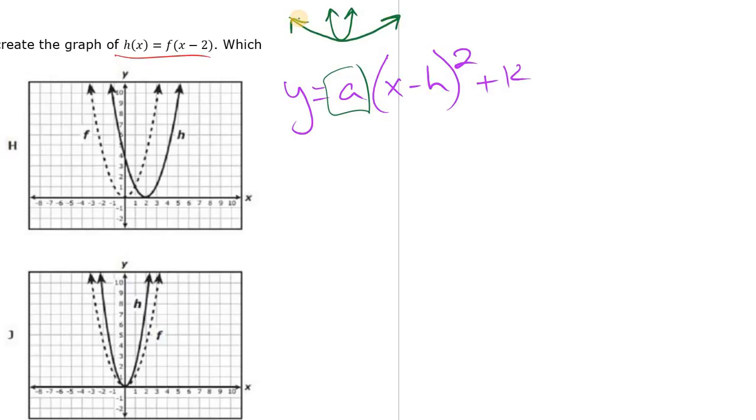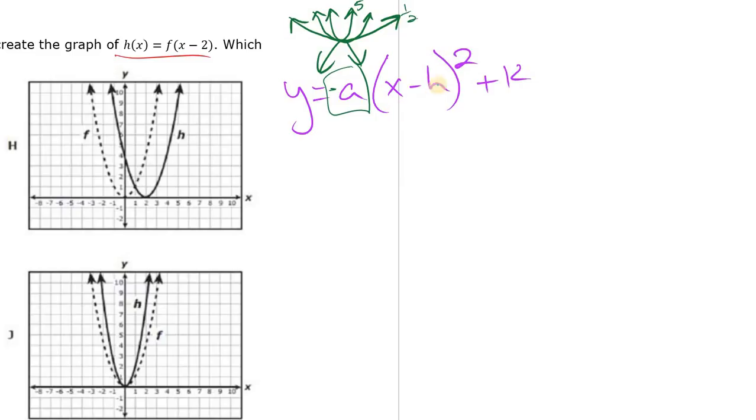It would make it real wide. So this might be an example of 1/2, and this might be an example of 5, making it real steep, whereas the original would be something in the middle. And remember, if the a is negative, it makes it open downward. So that's what the a does, changes how steep, narrow, or wide it is.